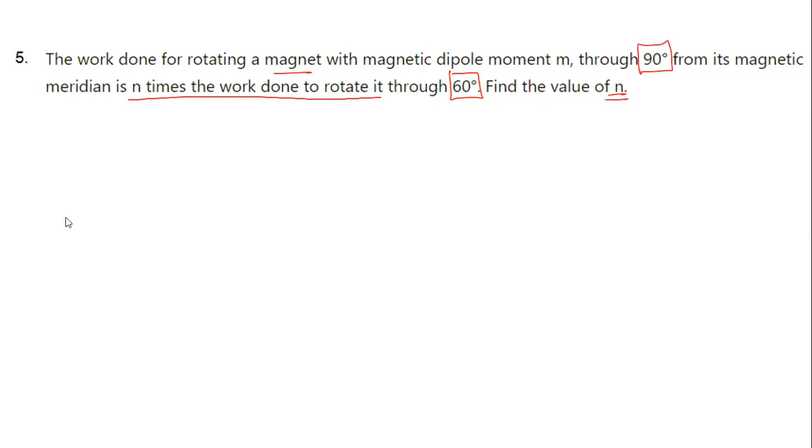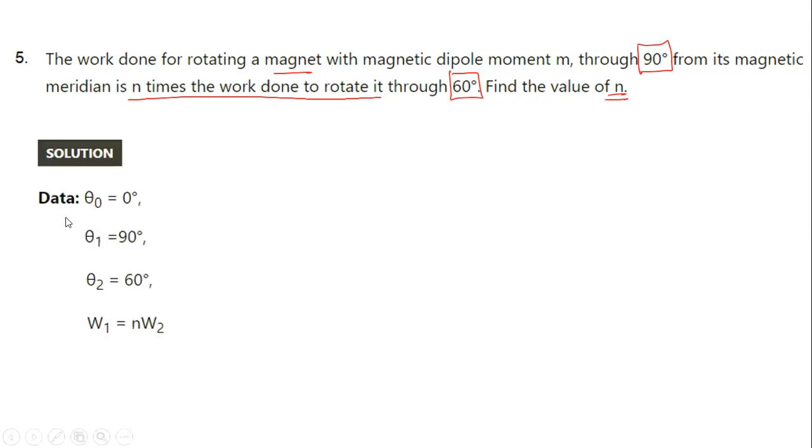Now let's see the given data. Basically, theta 0, the initial angle, is 0. We have to rotate it first by 90 degrees and then by 60 degrees. The work done to rotate by 90 degrees is W1, and the work done to rotate by 60 degrees is W2.